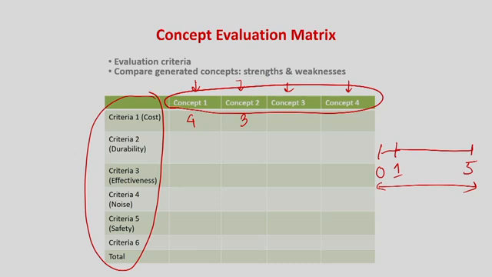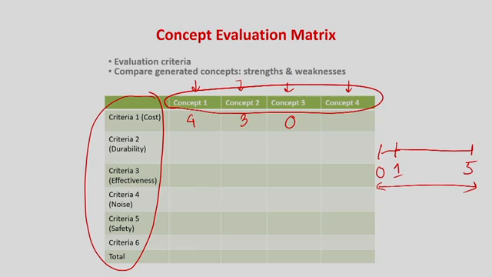Concept 3 would be really costly. With the kind of ideas that I have, if I really try to make those things happen, it would become really costly. So, probably I would give it a 0, and concept 4 is more costly, it is very costly.